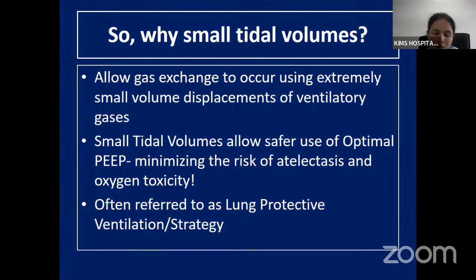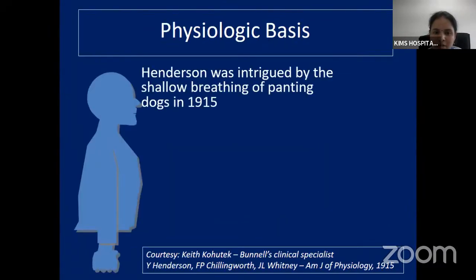So it helps us to reduce the side effects, or ventilator-induced barotrauma or volutrauma, that is associated with the use of higher airway pressures. And that is one of the main advantages of using small tidal volumes in high-frequency oscillation. So in other words, it helps us to deliver higher mean airway pressures without causing much lung trauma. Often this is referred to as lung protective strategy or open lung strategy.